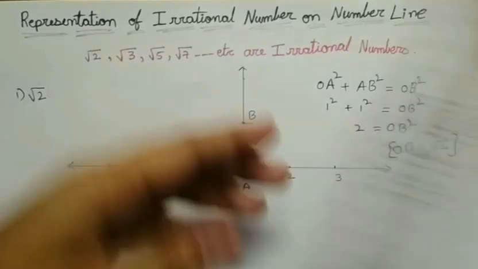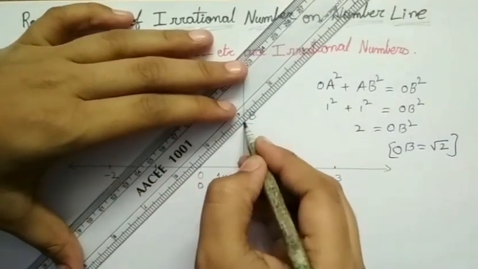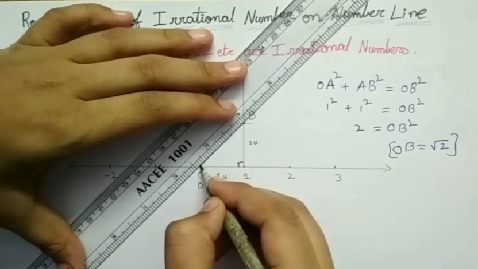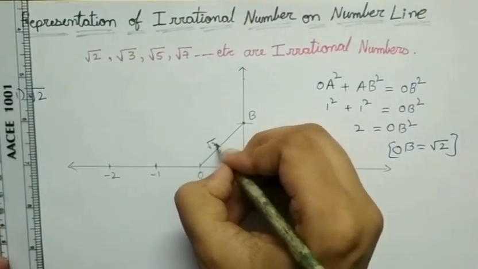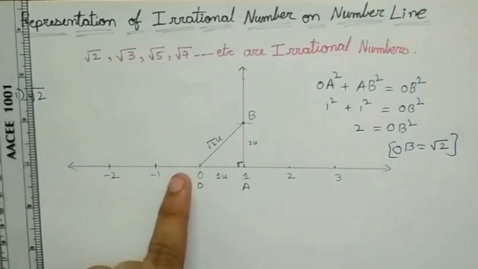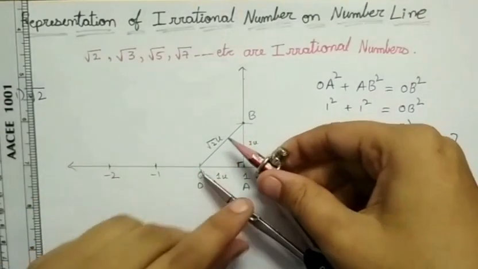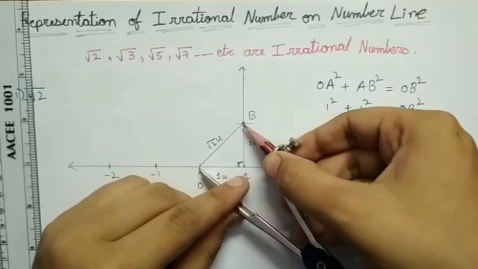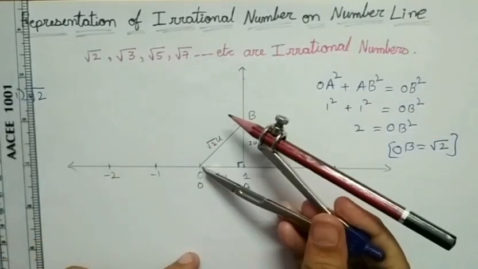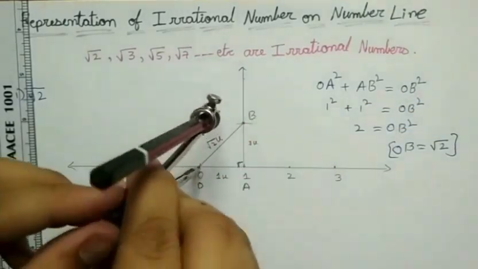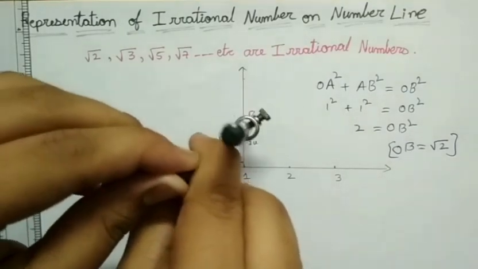Now join O and B. Now this will be root 2 units. But we want the root 2 on the number line. So, we'll take the distance of OB and cut an arc on the number line.